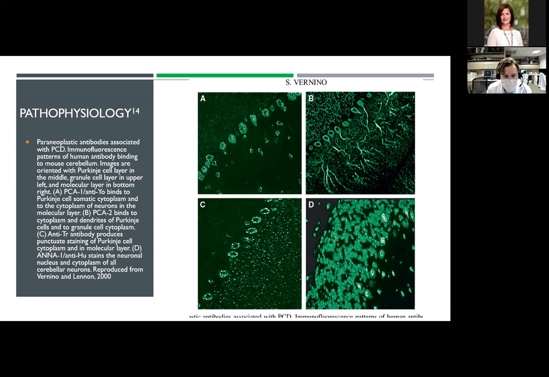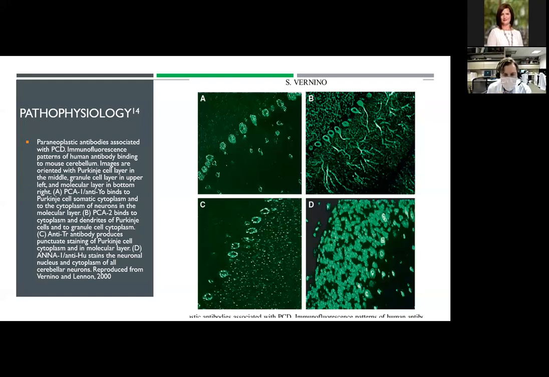But compare that to D on the bottom right, which is the anti-Hu antibodies, which are generically a neuronal nuclear antigen, and basically everything lights up. You can't really see different layers or different cell types or different parts of the cells because everything is lighting up. It's just attacking all of them. And we also know with anti-Hu, there are a lot of different possible manifestations of the disease.